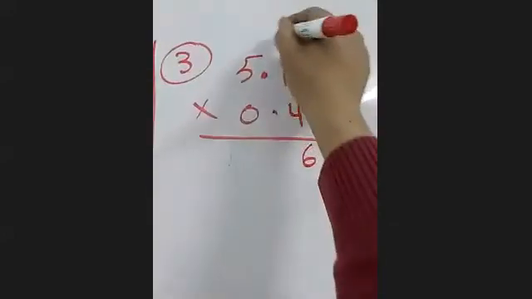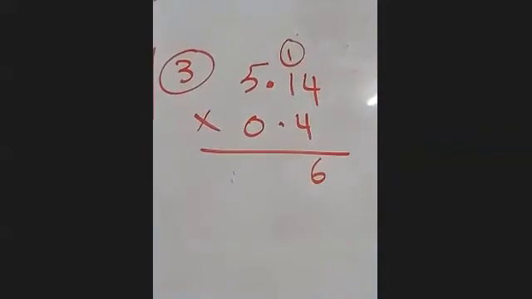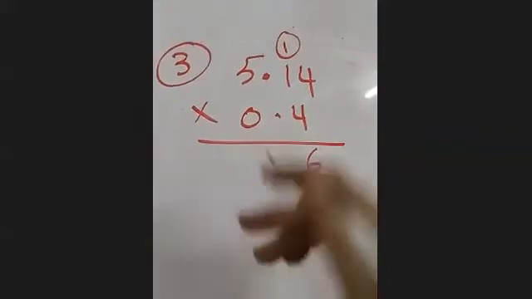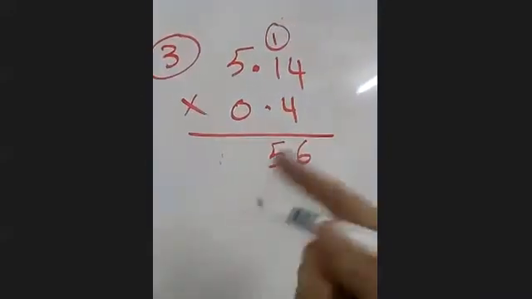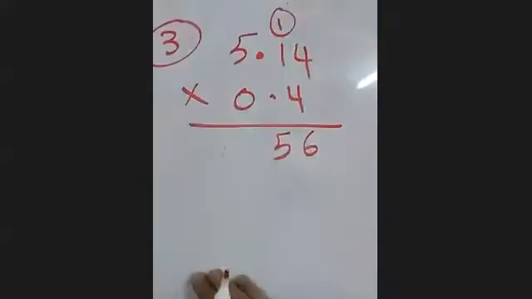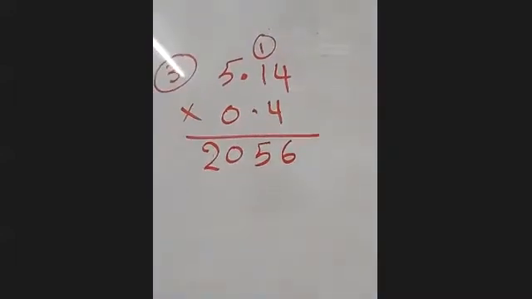Okay, 16. 4 multiply 1 is 4, plus 1. So 4 multiply 5, quickly. 4 multiply 5 is 20.